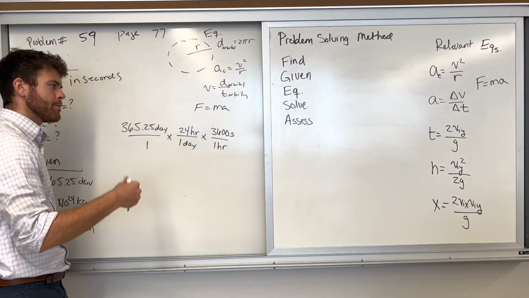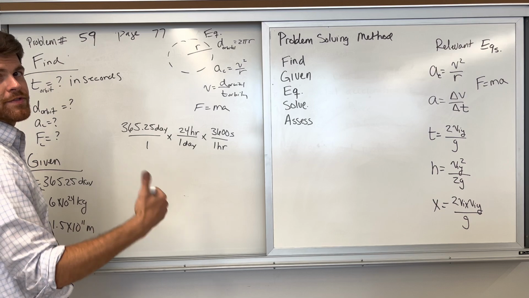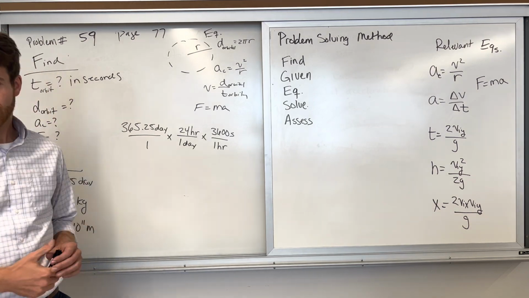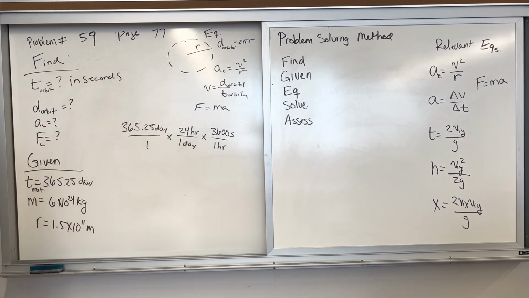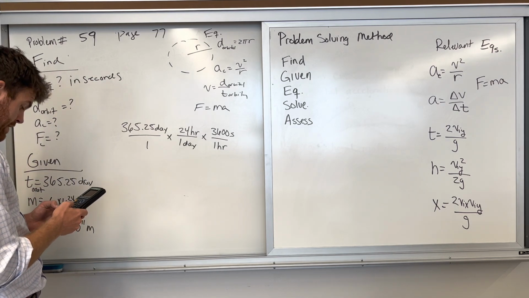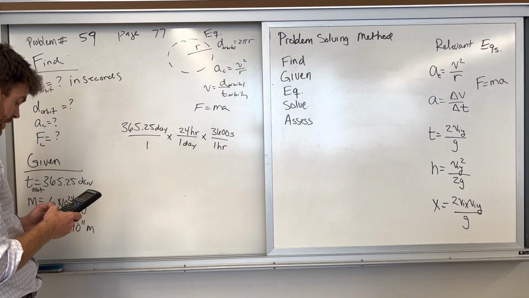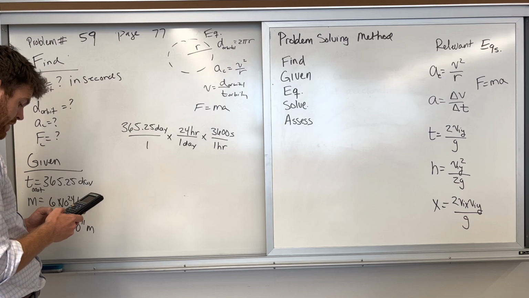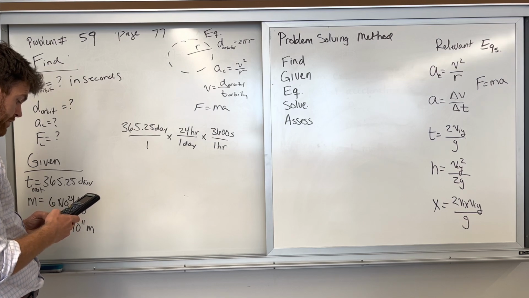How do you get 3,600? Well, 60 minutes in an hour, 60 seconds in a minute. 60 times 60 is 3,600. Alright, so take 365.25 times 24 times 3,600.